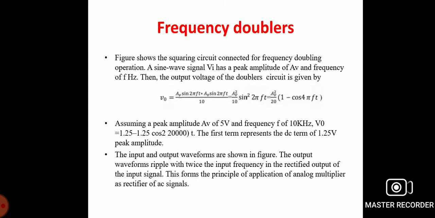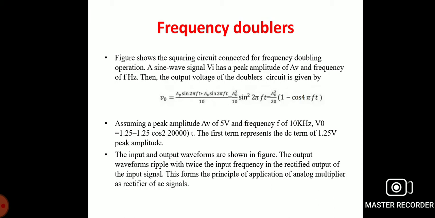Now we can move to the frequency doubler. The squaring circuit is connected for frequency doubling operation. A sine wave signal Vi has a peak amplitude of A V and frequency of f Hz.